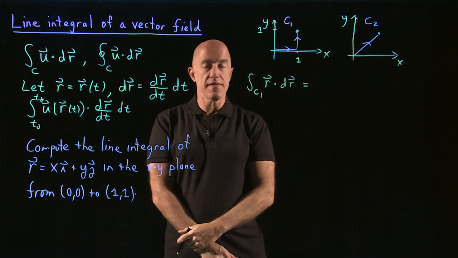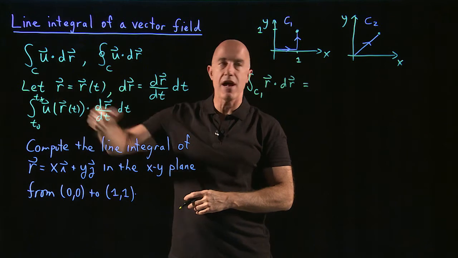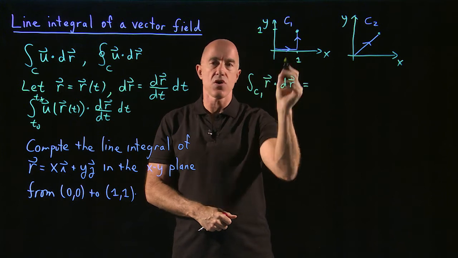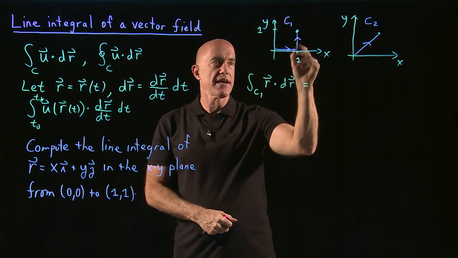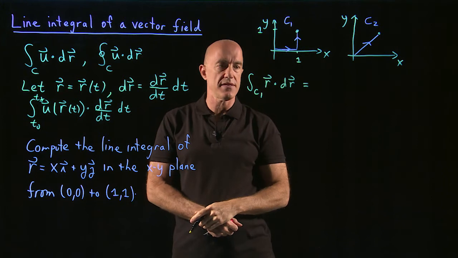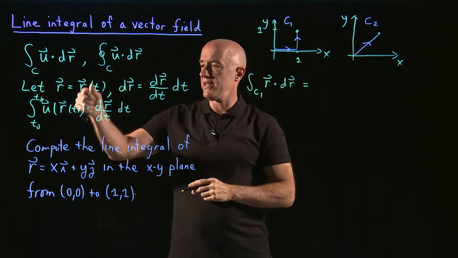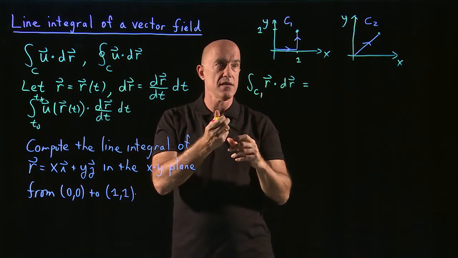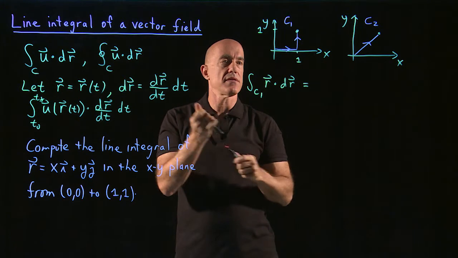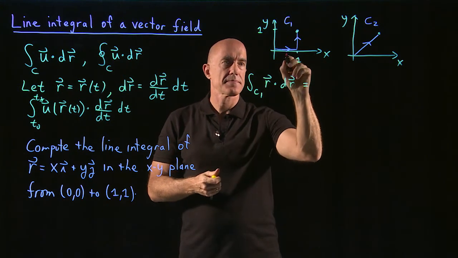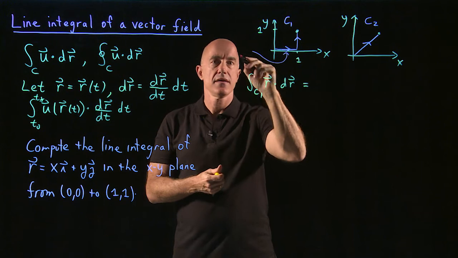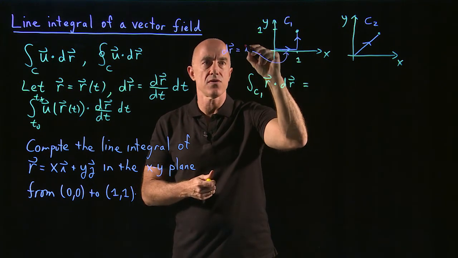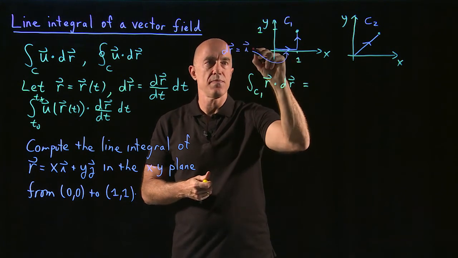Okay? So typically you have to parameterize the curve. In this case, the first curve is just along the x direction, and the second curve is just along the y direction. So our dr in the first piece is just along x, so it's i, and then it will be dx.